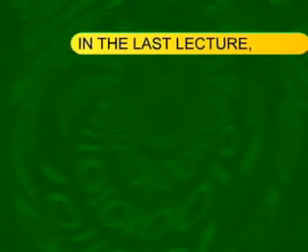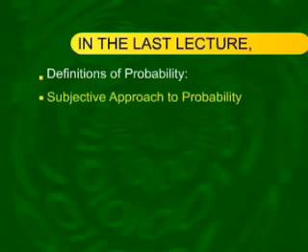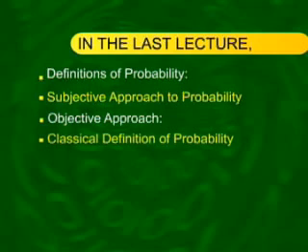Students, you will recall that in the last lecture I discussed with you various approaches to probability. We discussed the subjective approach and the objective approach. Under the objective approach, I discussed with you in detail the classical definition of probability.